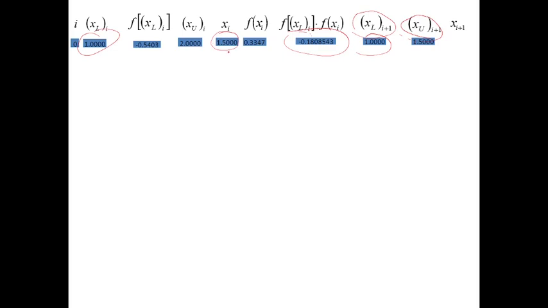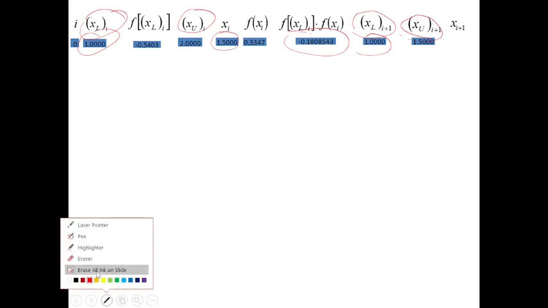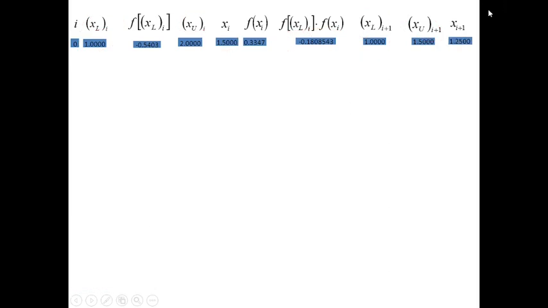Na yung x sub i na yan ay yung average ng dalawa. x l i plus x u i over 2. So, tapos, kukunin natin yung x sub i plus 1 by getting the sum x sub l i plus 1 plus x sub u i plus 1 all over 2. So, 1.25. Okay?